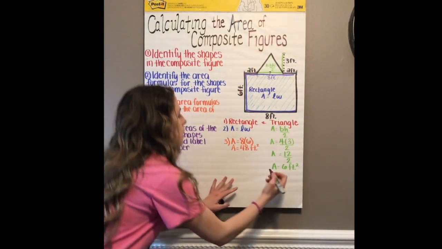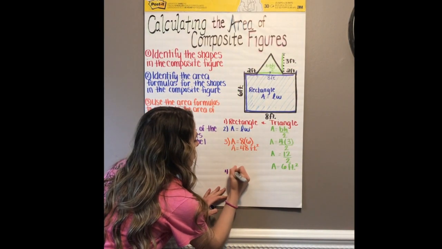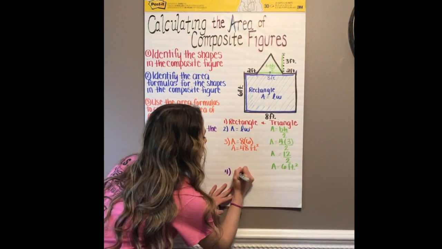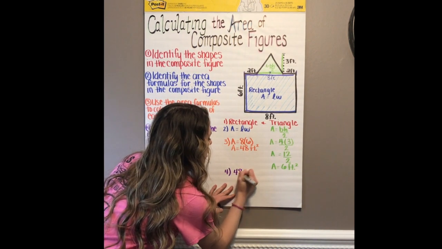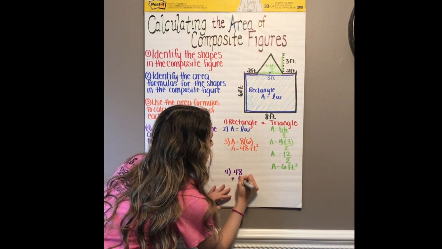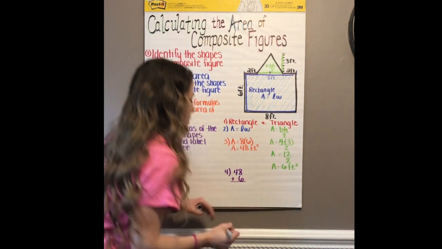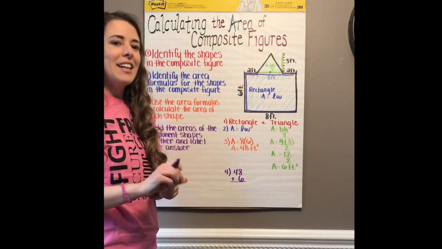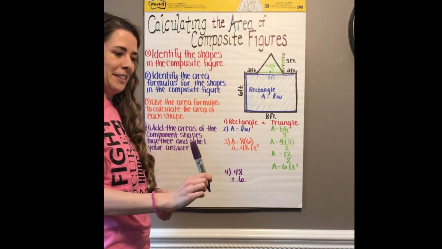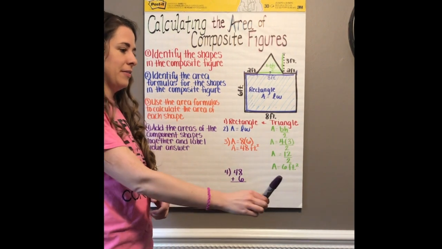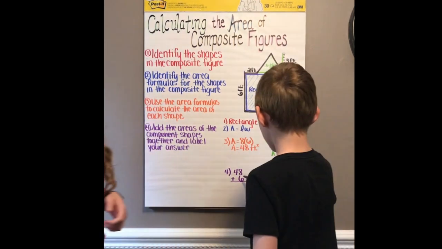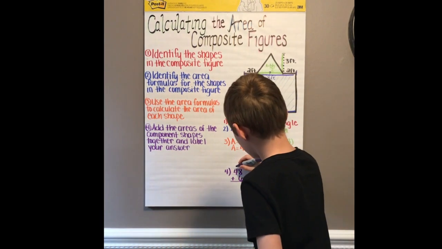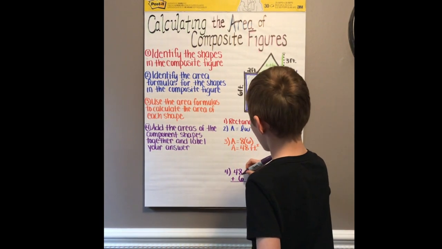So now I'm here at step 4, where I now need to add 48 plus 6. Would anyone like to come to the board and add this? Come on down, Mike. So 48 plus 6, 8 plus 6 equals 14.